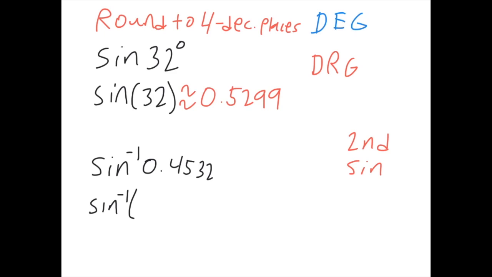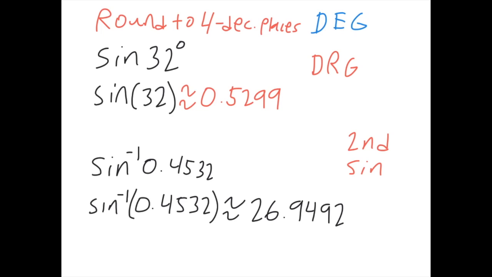Then you put in the number 0.4532. Hit enter. Again, round to 4 decimal places. And that'll be 26.9492 because it was 17 and then that rounds to a 2. You'll have to know how to do this in the next example that we're going to do.